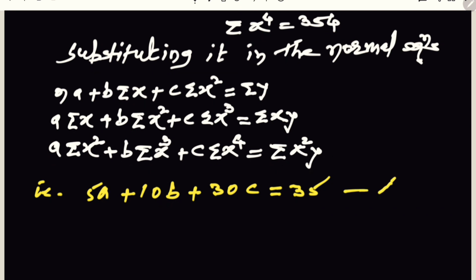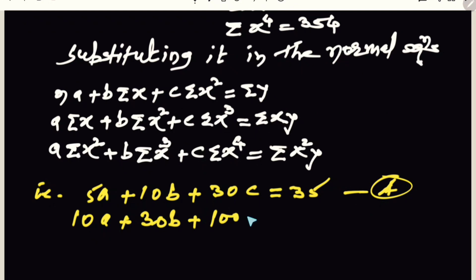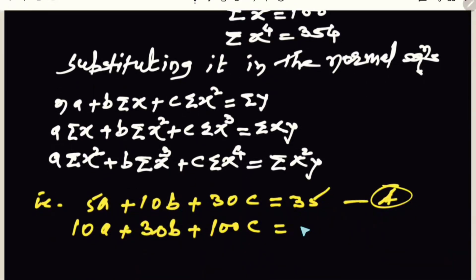Equation A. Then the second equation becomes summation of x is 10 into a, then 30b, then c into summation of x cube, 100c, is equal to summation of xy, which is 120.